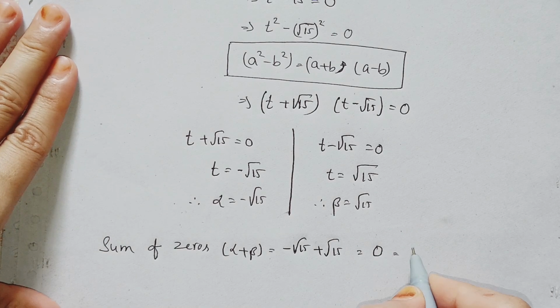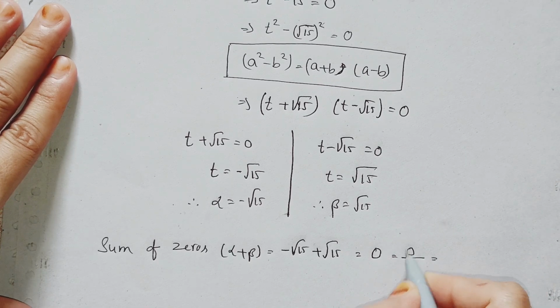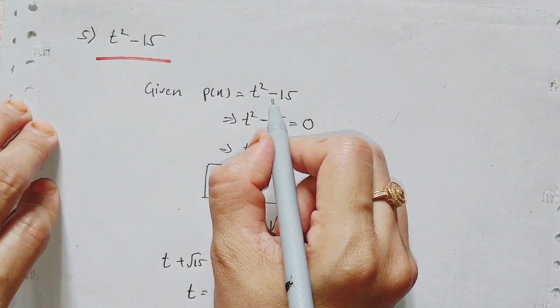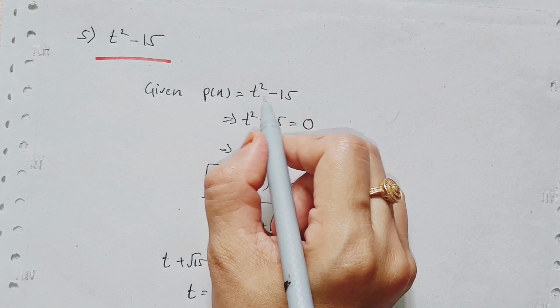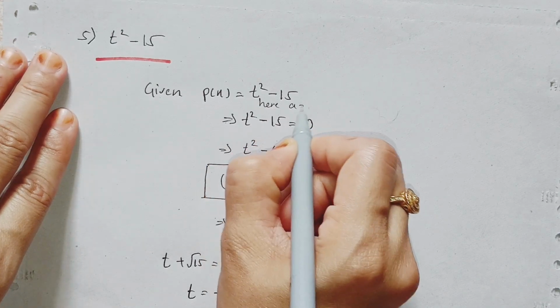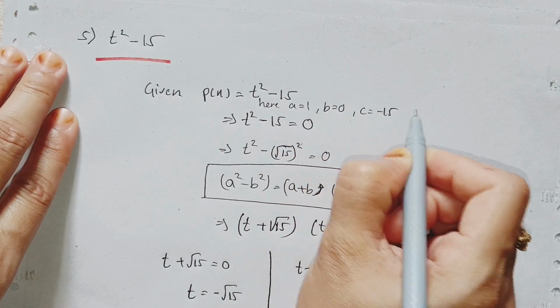This 0 I can write as 0 by 1. 0 is nothing but the b term, since we don't have it here, which is the coefficient of x. So here a is 1, b is 0, c is minus 15.